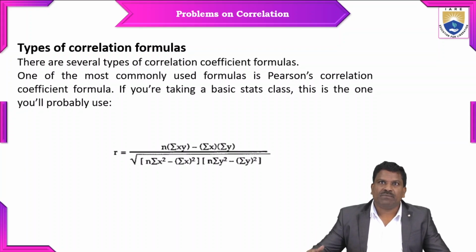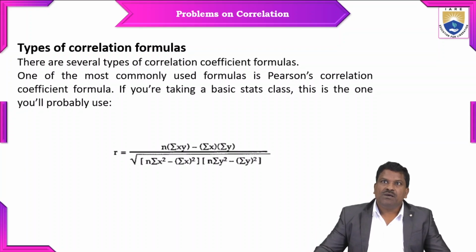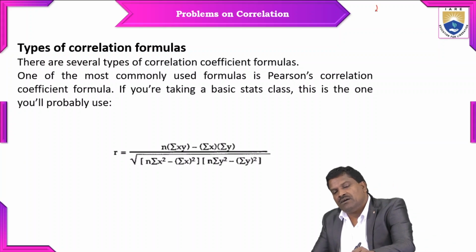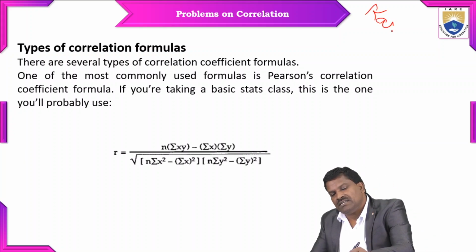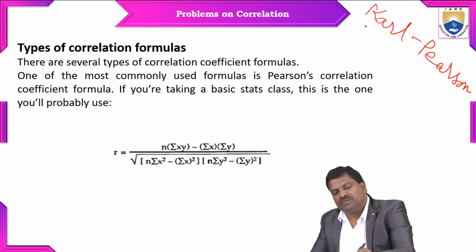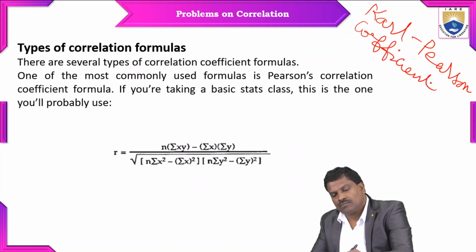One of the most commonly used is Karl Pearson's correlation coefficient formula. Among the first significant ones is Karl Pearson's coefficient of correlation.